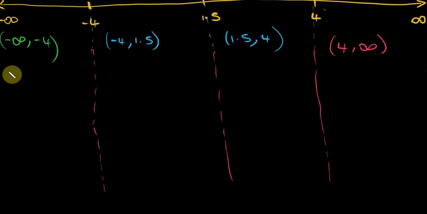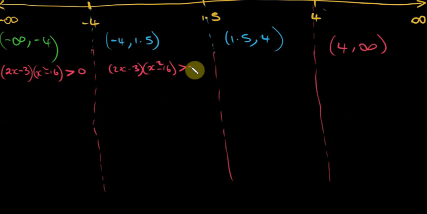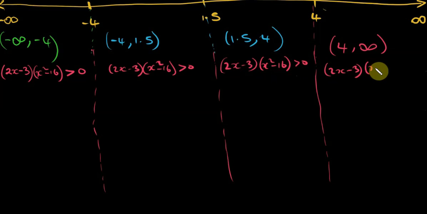Our condition states that 2x minus 3 times x squared minus 16 must be greater than 0.